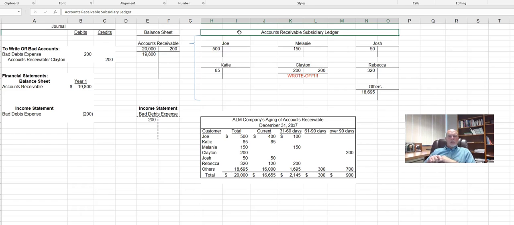Periodically, you can evaluate the quality of those receivables by preparing an aging of accounts receivable, where you spread out the customer balances based on how old they are. And whenever you identify a customer balance that you're ready to just give up on, you would write it off and record bad debt expense for that balance that you're writing off.